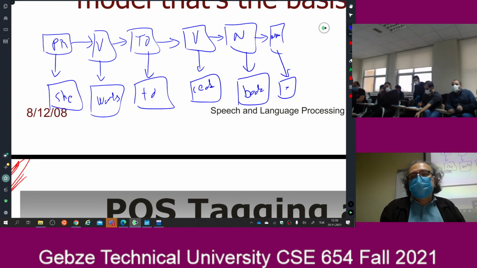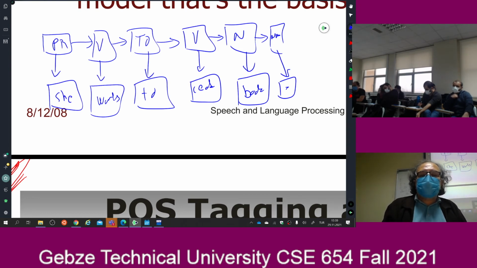So this hidden Markov model has some sound assumptions and some very strong theory about assigning these kinds of probabilities to what you have observed.